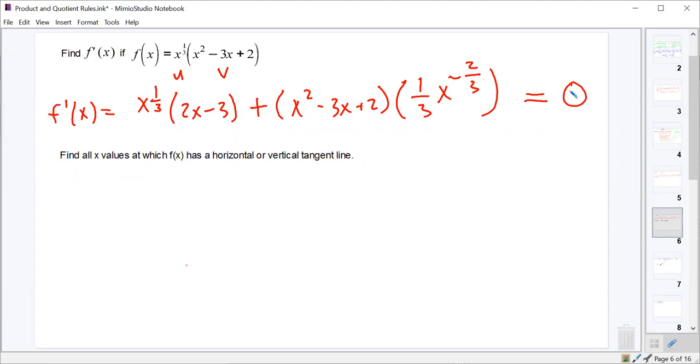And since we've already got it in a partially factored form, I think it's easier if we just factor it from here. So anybody know what to factor out of both terms of this? Could you do x to the 1/3? All right, x to the 1/3 is a reasonable idea.